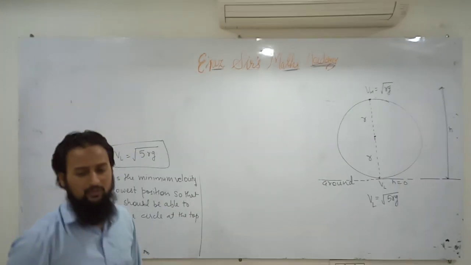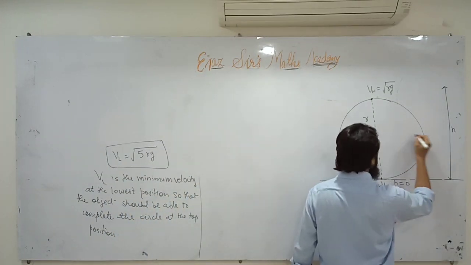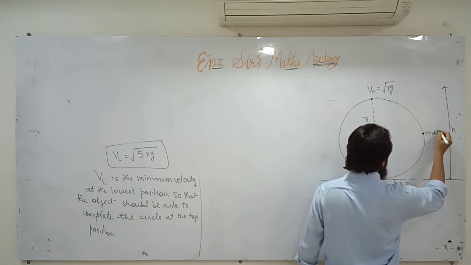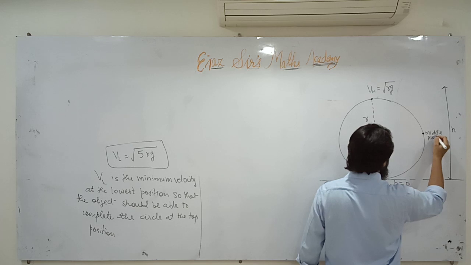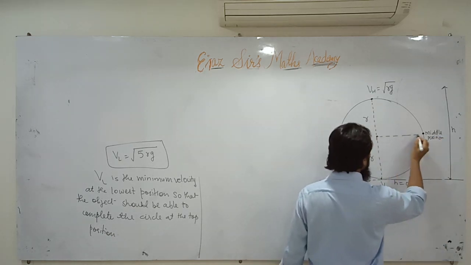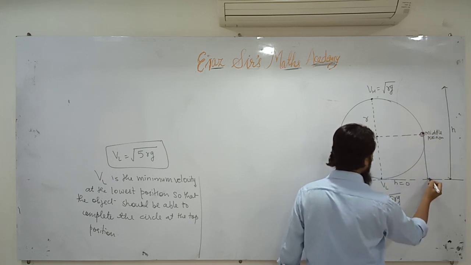Let us now find out the velocity at the middle position. Here, if the stone is at the middle position, how much will its height be from the ground level?